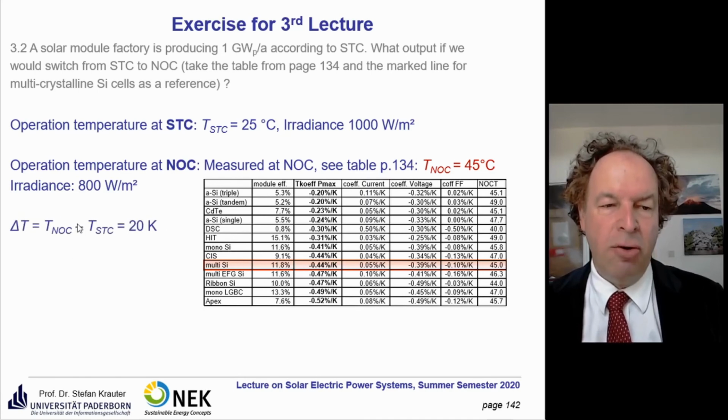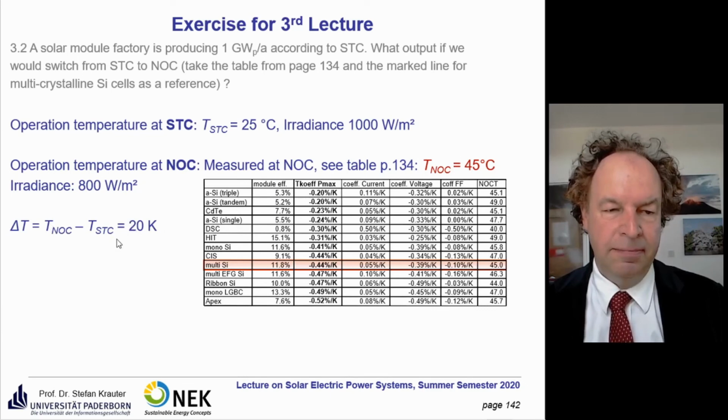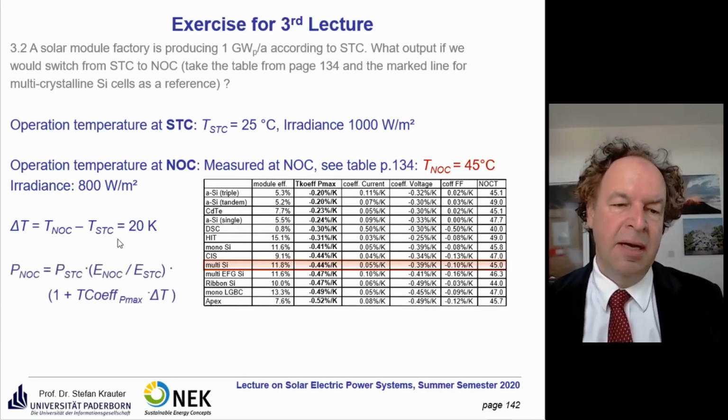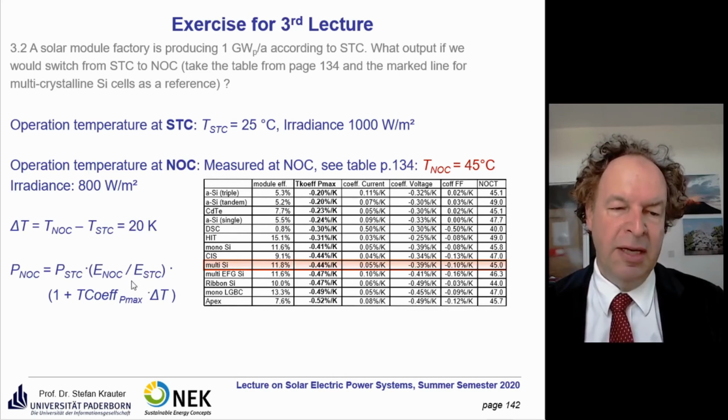As I mentioned already, the temperature difference is 20 degrees. So for the power output according to nominal operating temperature, we have a correction factor for the two different irradiance levels and one correction factor due to the more realistic increased temperature by 20 Kelvin.